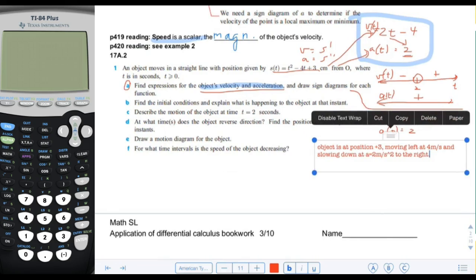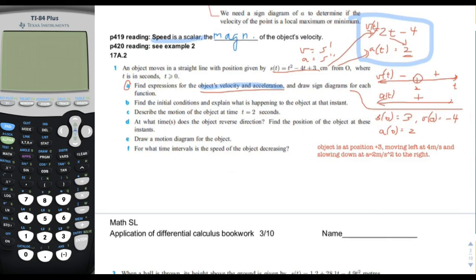Do you see how the position is positive 3, the velocity is moving to the left at 4, and the acceleration is going to the right at 2? So it's actually slowing down because the velocity and acceleration are in opposite directions. Okay, so that was B.